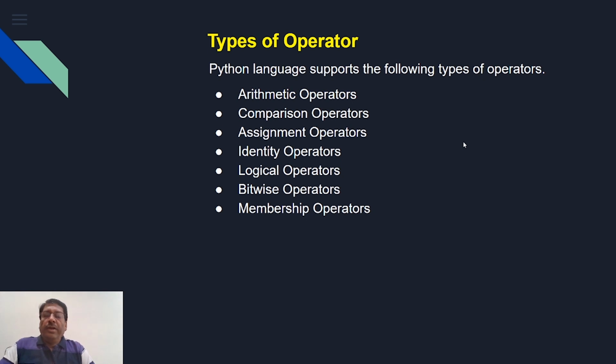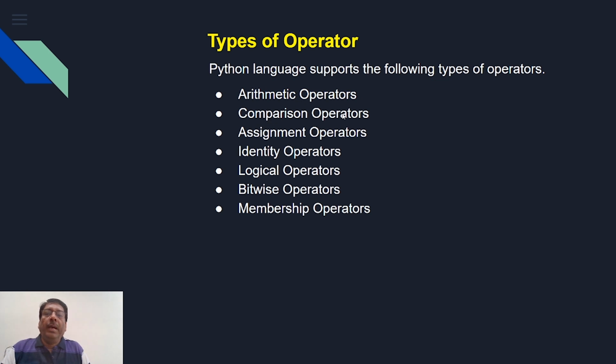Now, as we know all this from previous languages, or if you are new to this, let's try to understand this in detail: the types of operators that you can make use of in Python. Basically, operators work on operands to perform various operations, and these can be classified as arithmetic operators, for which you make use of arithmetic operators.